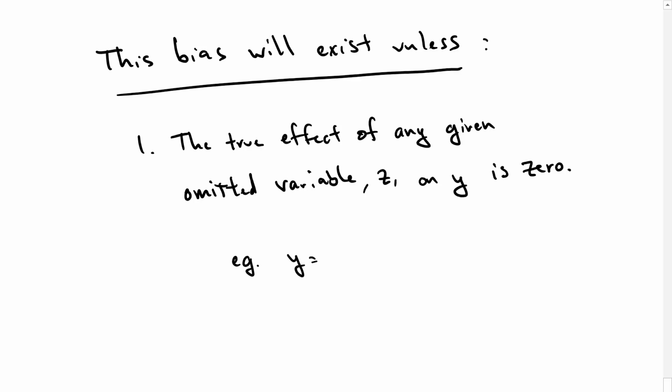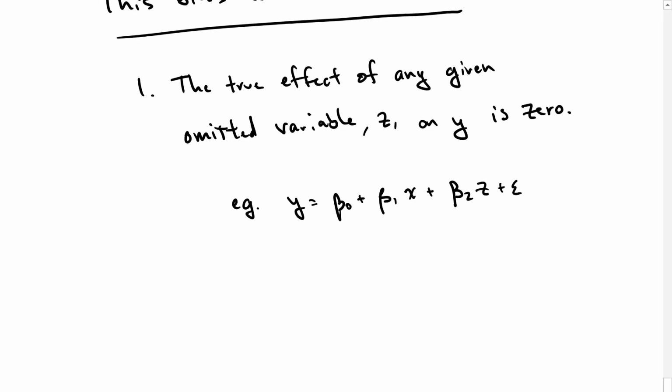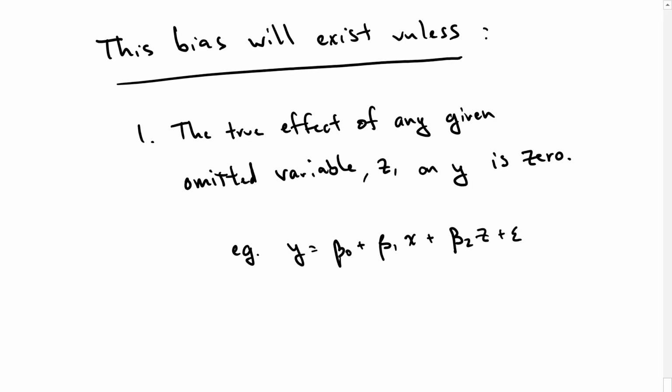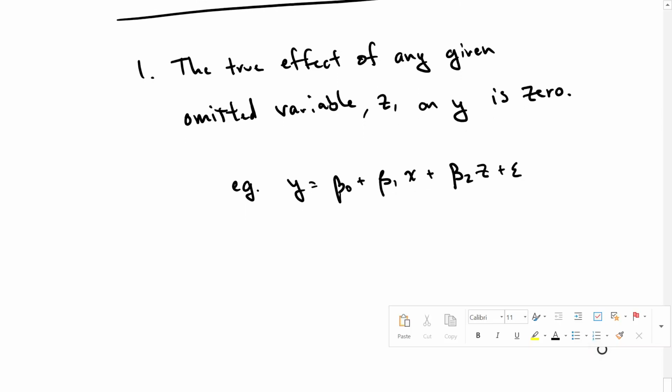So for example, we have y is equal to beta 0 plus beta 1x plus beta 2z plus e. So the bias will exist unless the true effect of any omitted variable z on y is 0.